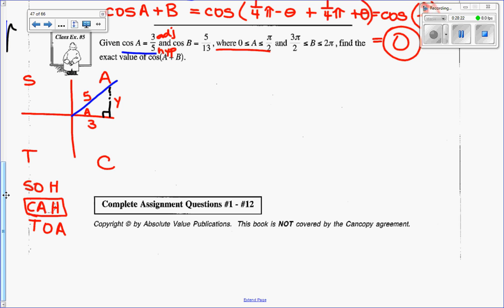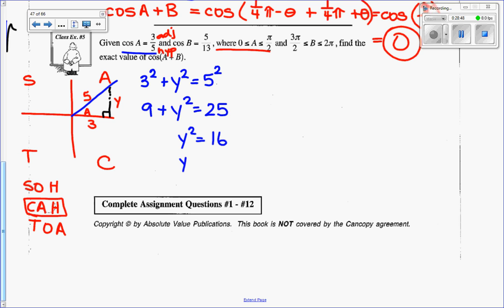Now, how can we figure out what y is? If this is a right angle triangle, we're going to use Pythagoras' theorem. We've got 3 squared plus y squared, x squared plus y squared should equal 5 squared, our hypotenuse. So 9 plus y squared equals 25. Y squared equals, subtracting 9 from both sides, 16.